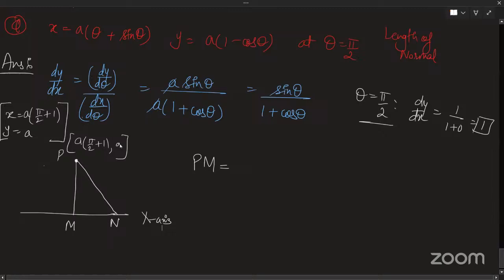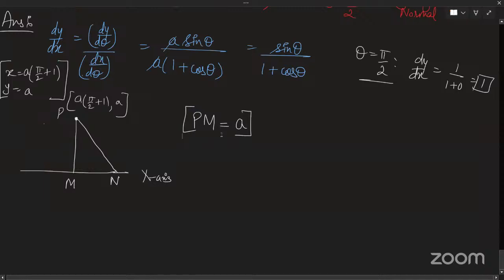What does the y coordinate denote? Y coordinate means a, yes, it is equal to a, right? PM is equal to a because the y coordinate means how far this point is from the x-axis. This is what is meant by the y coordinate, obviously.